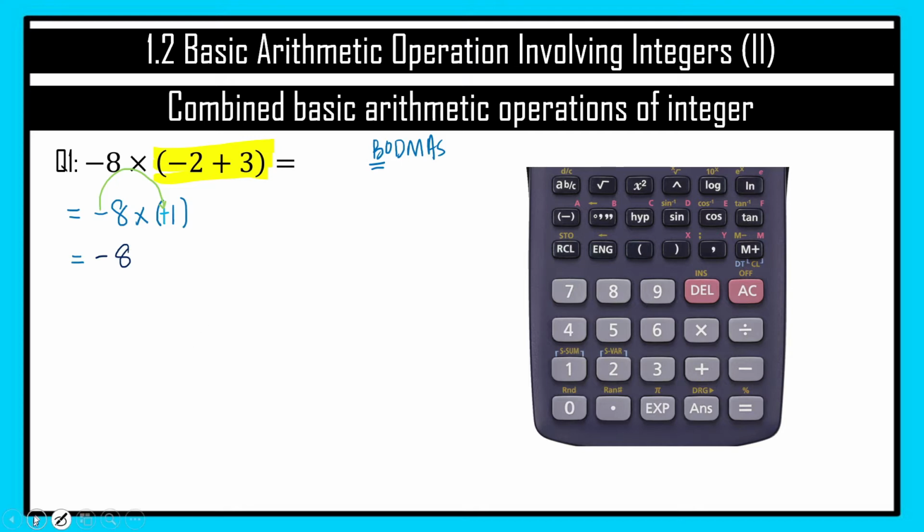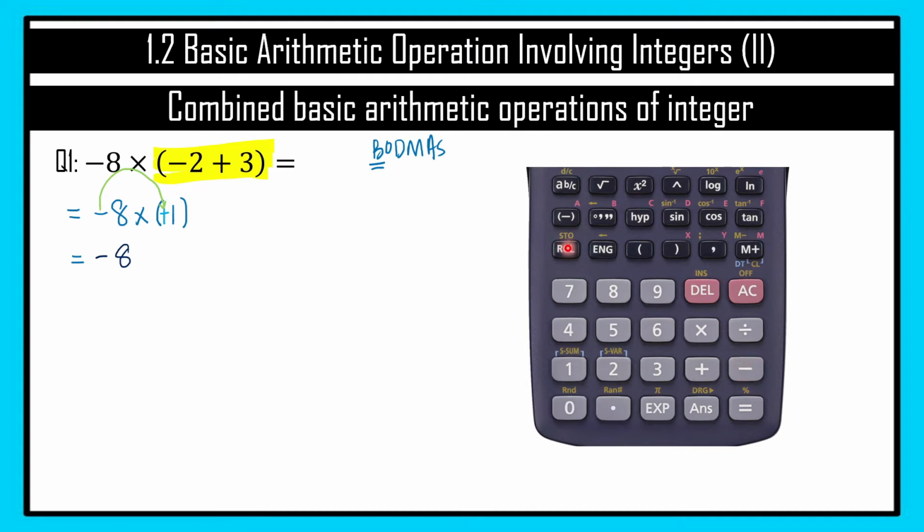Okay, now let's use our calculator to check the answer. You enter negative 8. On your calculator, there is a button for negative, which is near the letter A in red color. This button refers to negative, whereas the button down here refers to the subtraction operation, the minus part.